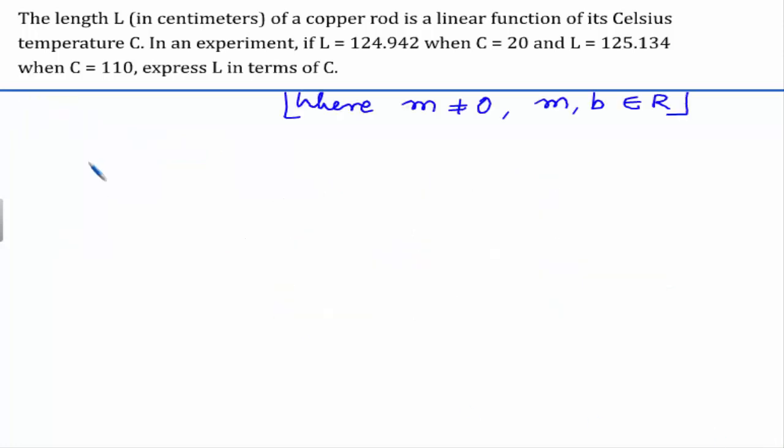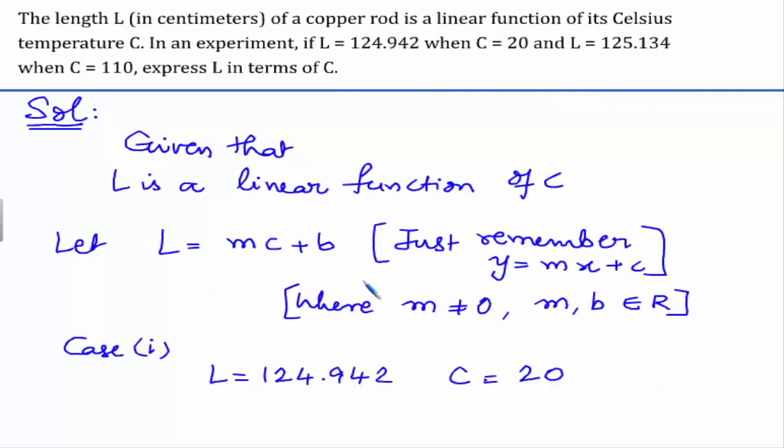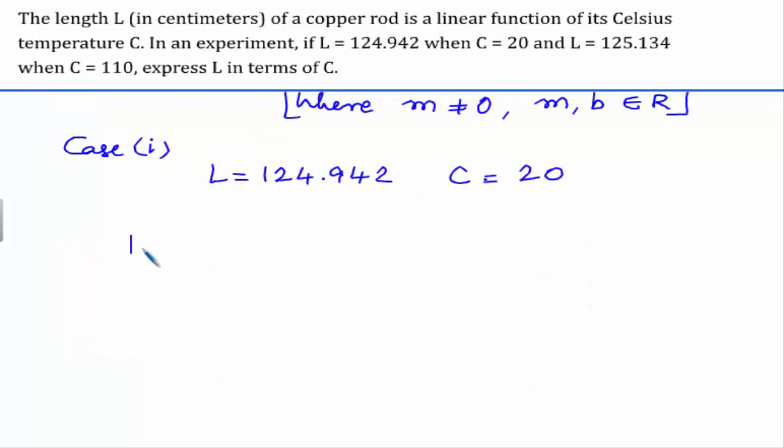Now let us take case 1, where L is 124.942, then C is equal to 20. Now let us substitute the values into the equation. The equation is L is equal to mC plus b, that is 124.942 is equal to 20m plus b.